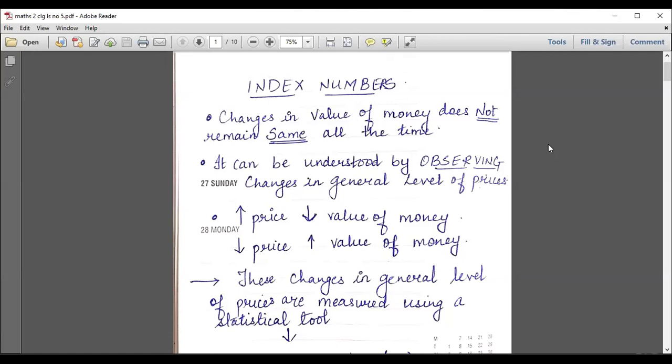So, to understand the relationship between the price level and the value of money, these changes in the general level of prices are measured using a statistical tool. To measure the changes, there must be an indicator which tells us if the prices are going higher, there is a fall in the value of money.